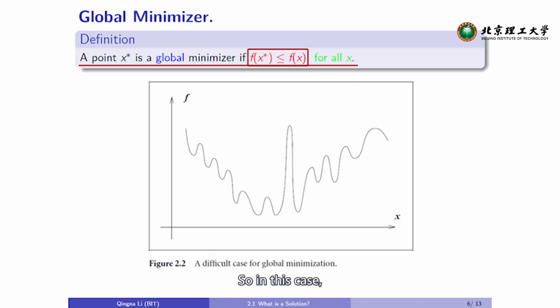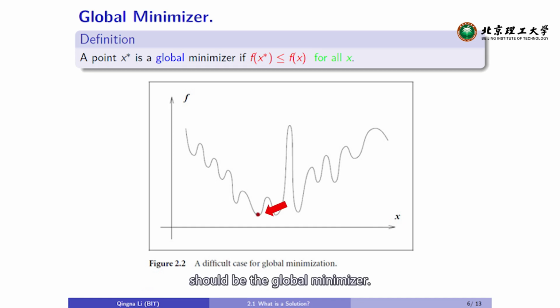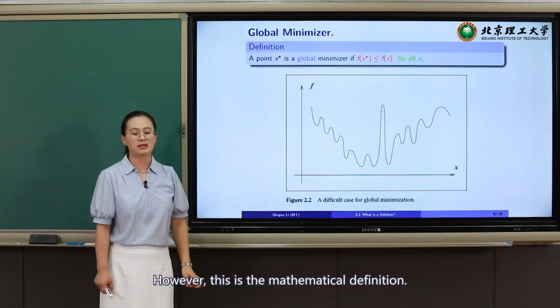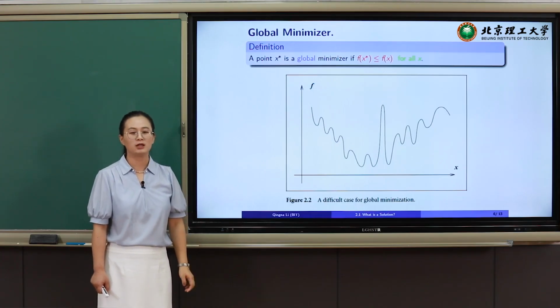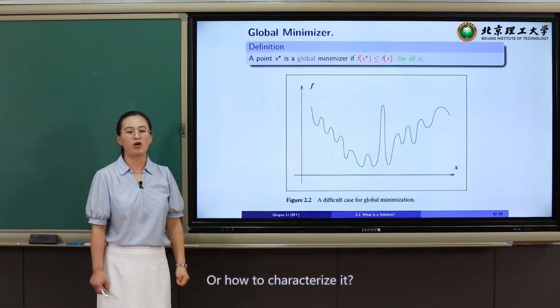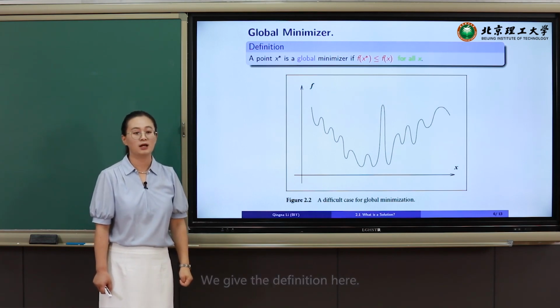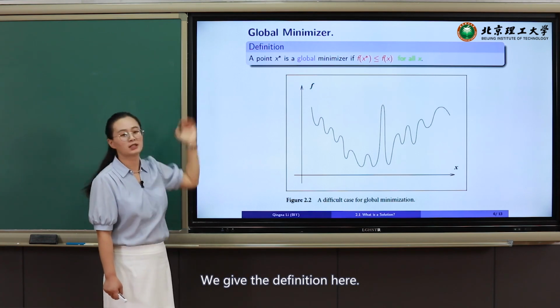Okay, so in this case, x star will be the global minimizer. As I showed in this figure, you can see that this point should be the global minimizer. However, this is the mathematical definition. How to realize it or how to characterize it, we give the definition here.